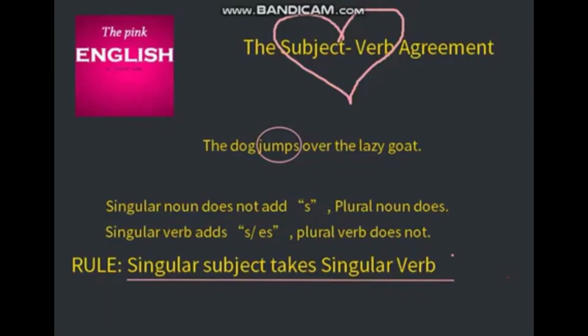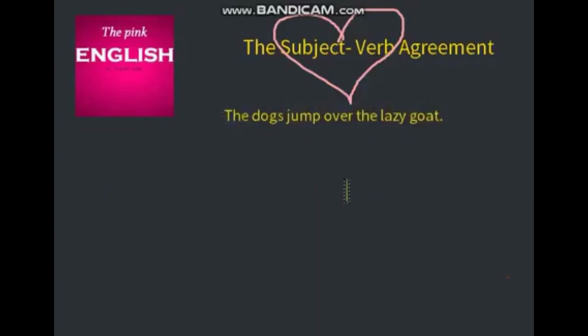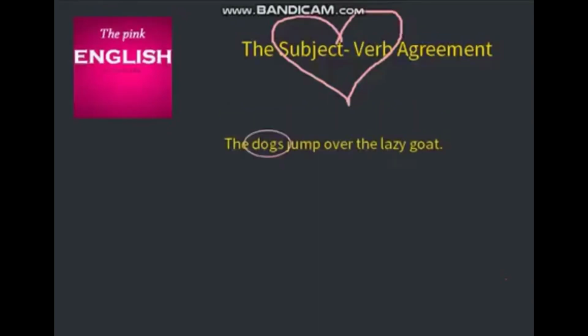How about if we make the simple sentence this way? The dogs jump over the lazy goat. Will it make any difference? Definitely. Can you explain what exactly just happened? You're right if you're thinking that the subject, dogs, and the verb jump are now plural.